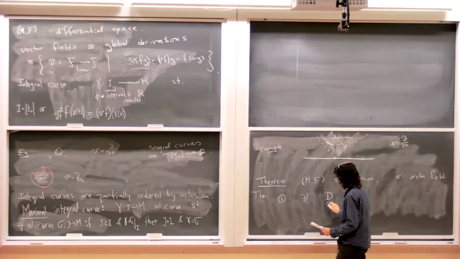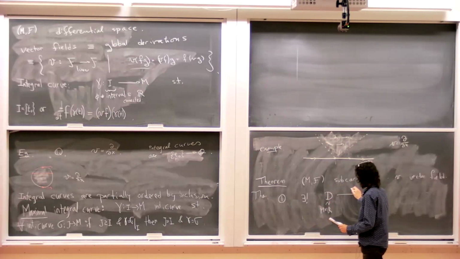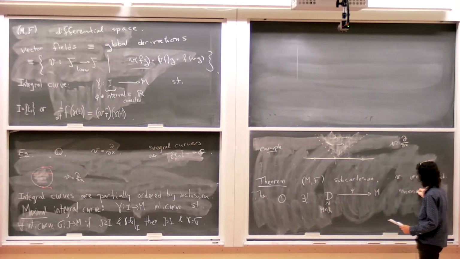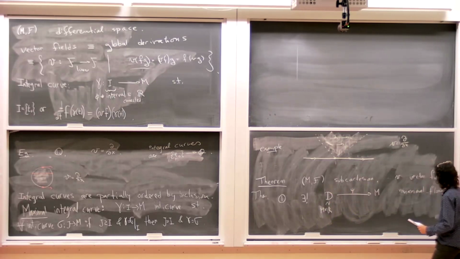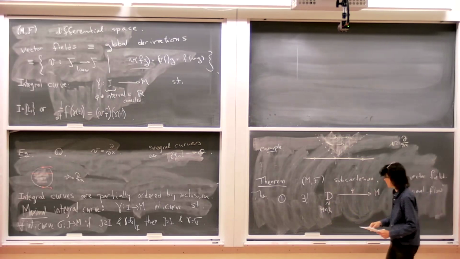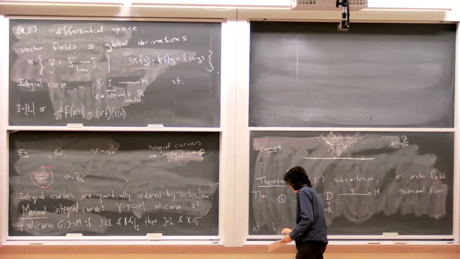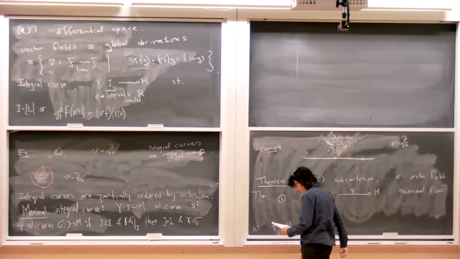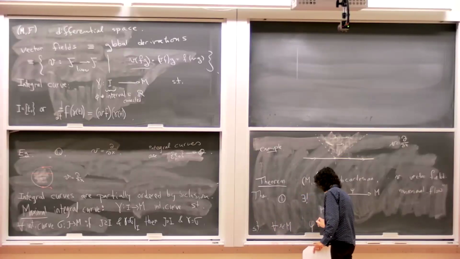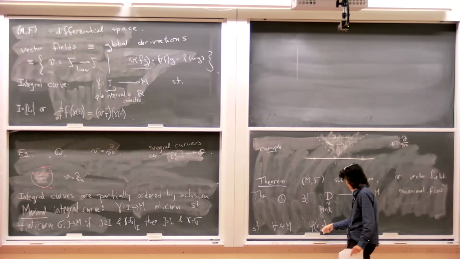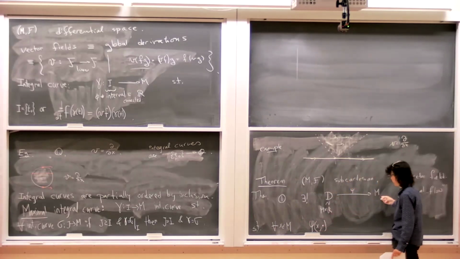It's a subset of M cross R together with a map from that subset to M. And the condition under which it exists and is unique is that for every point x in the manifold, if you take the first coordinate to be that point and you vary the second coordinate, this is a map from a subset of R to your space.